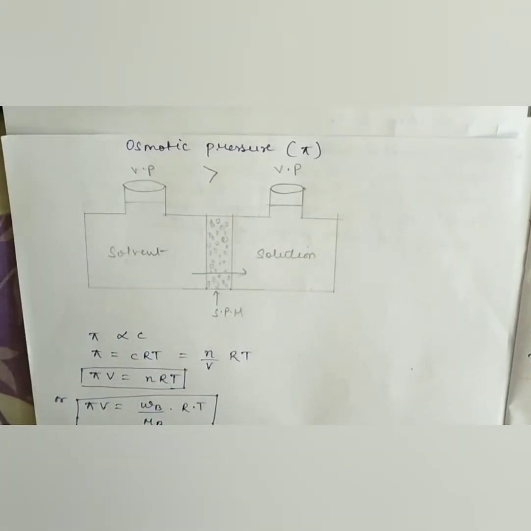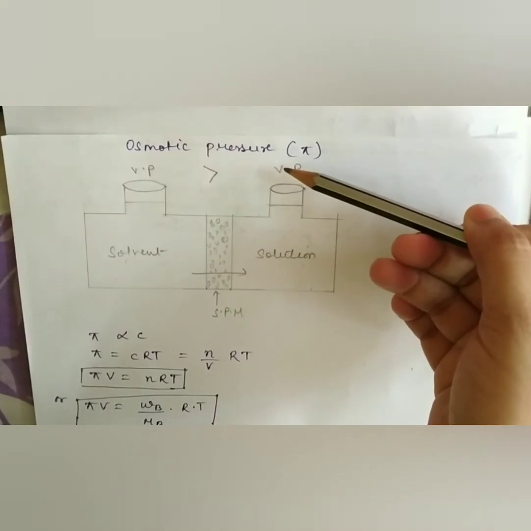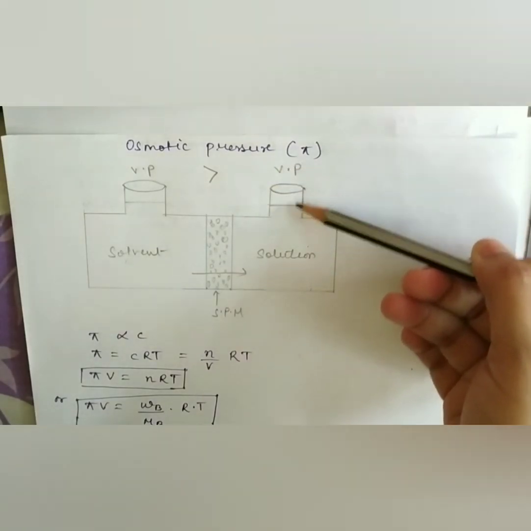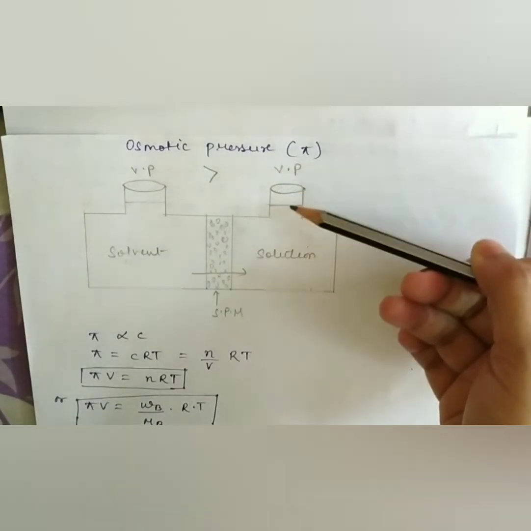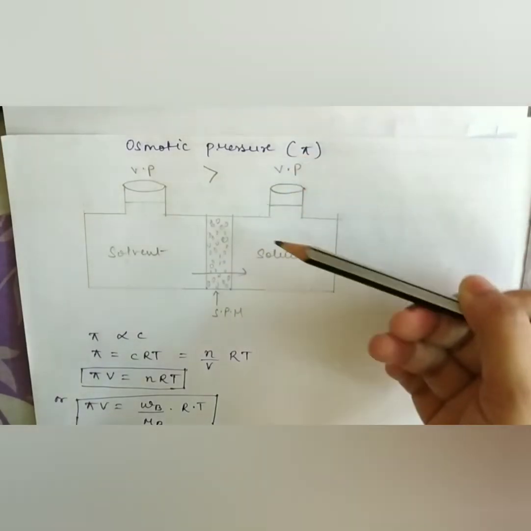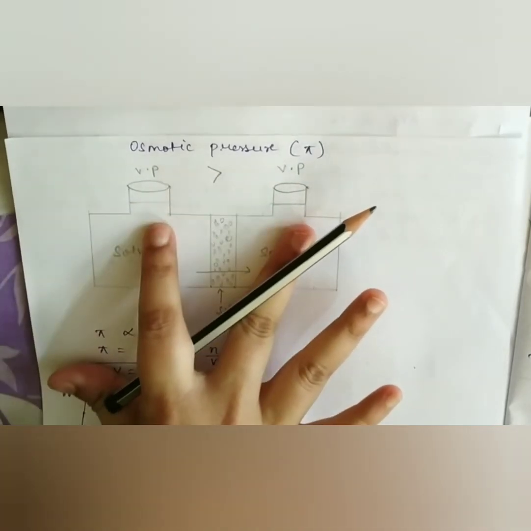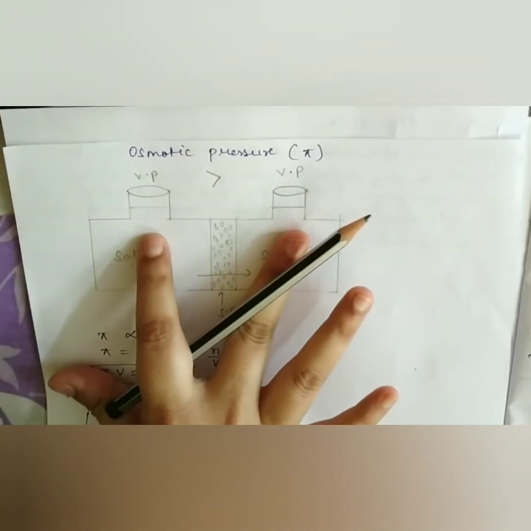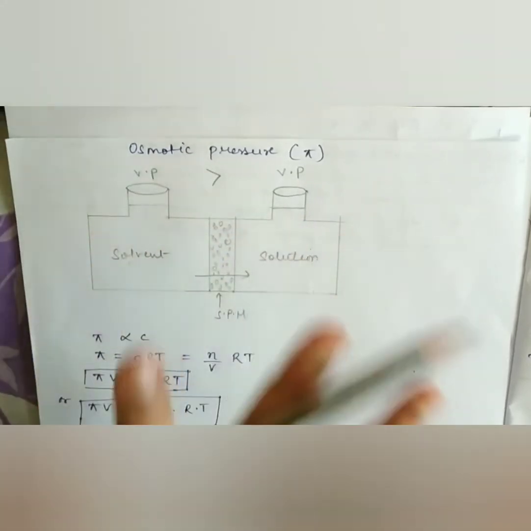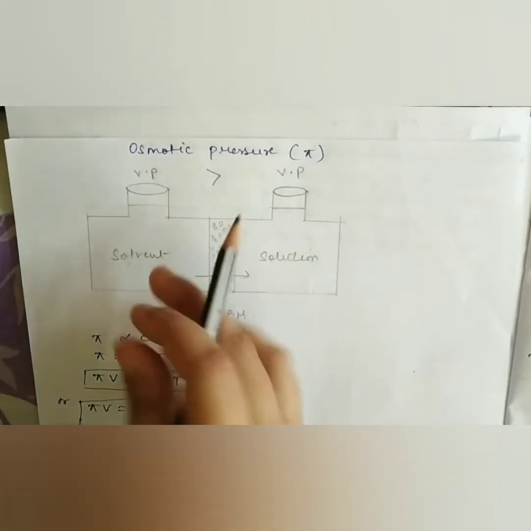So I define the osmotic pressure in two ways. First of all, it is the external pressure exerted on the solution side, so as to make the vapor pressure on both sides equal, so that the osmosis just stops. Or we can define osmotic pressure as the suction pressure.